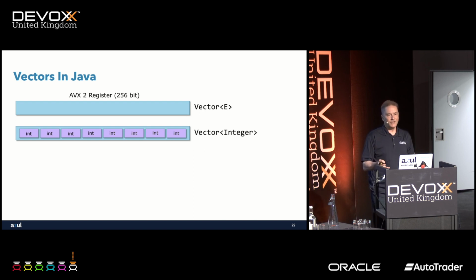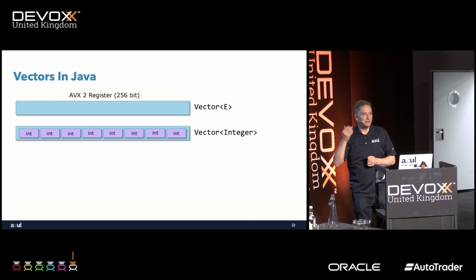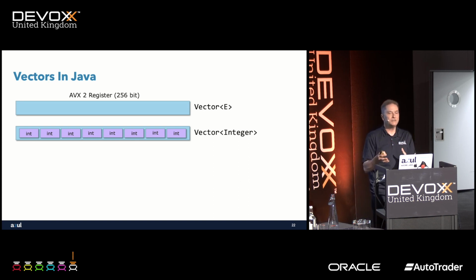If we create a vector of type Integer, meaning we want to store int values, we end up with the very wide 256-bit register. Because we're storing 32-bit ints, we can divide it up into 8 lanes and have 8 ints stored simultaneously.